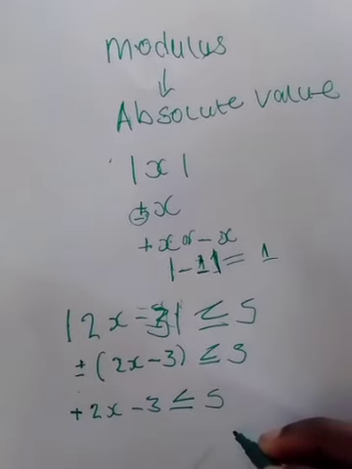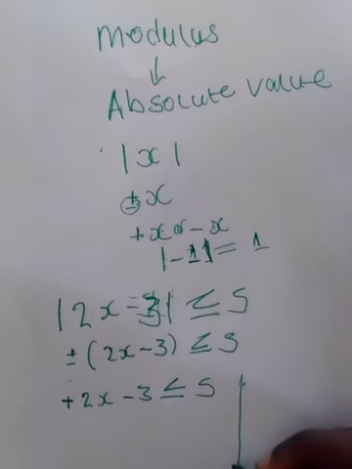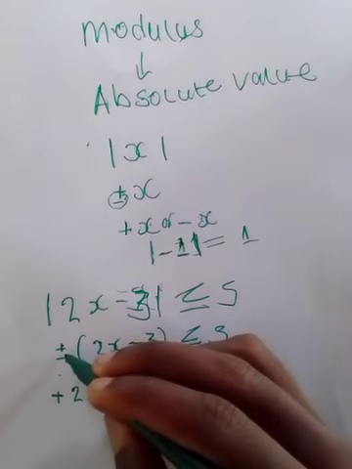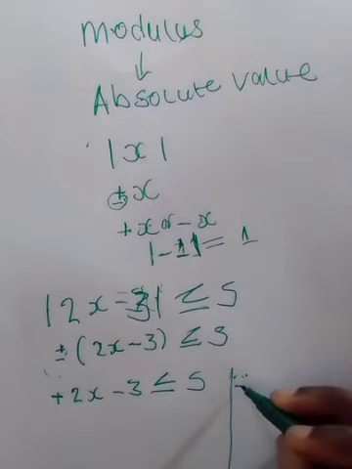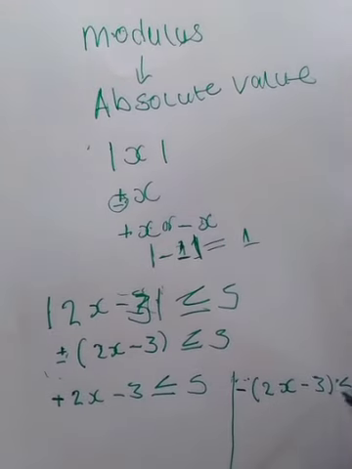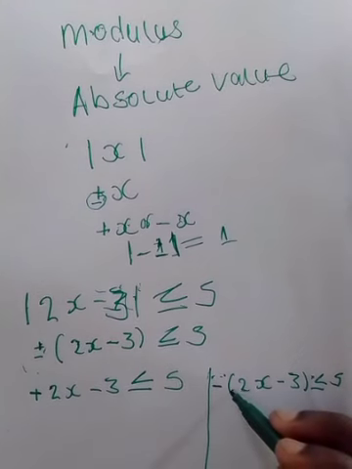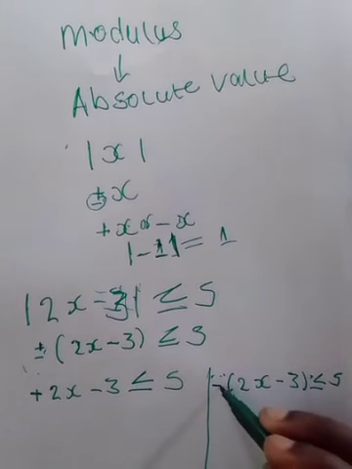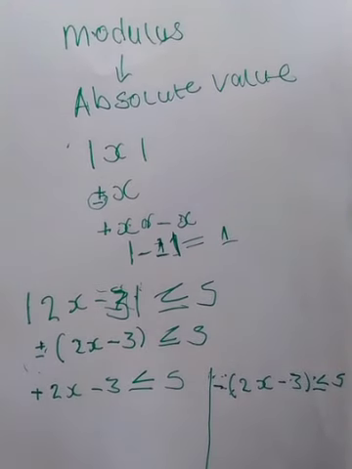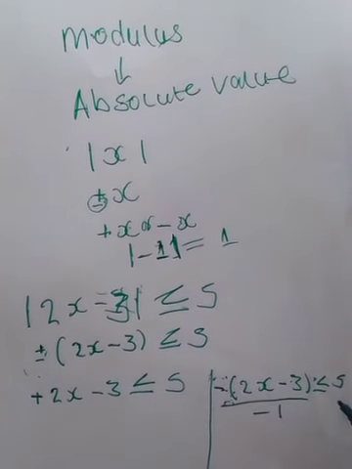And then the other one, let me write it here, let me separate them. Remember there's a negative in front, so it gets this negative: negative 2x minus 3 less than or equal to 5. Here you can either multiply the negative with what is inside, but the easiest and most accurate way is to just divide through by negative 1.